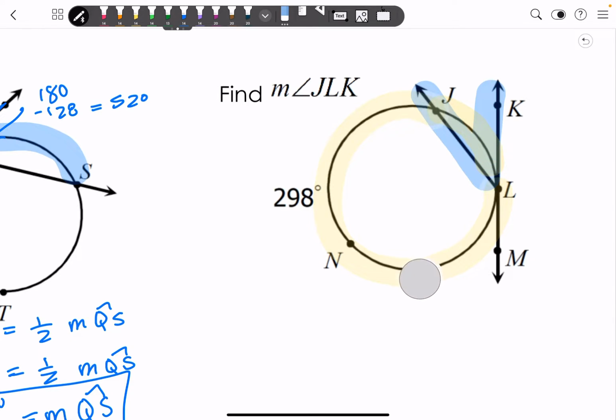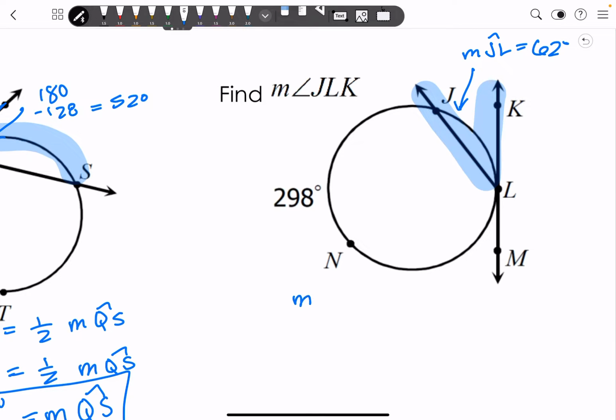Or if you want to work harder, you can find the measure of angle JLM and then subtract it from 180 to find this angle right here. I like to work smarter, not harder. So I know that the measure of arc JL is going to equal 360 minus that 298, meaning it's going to equal 62 degrees.